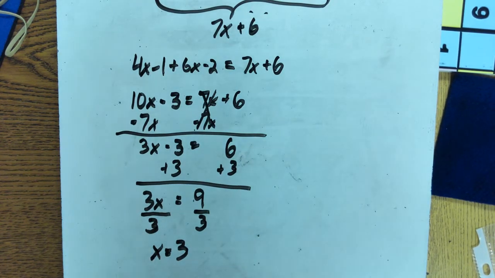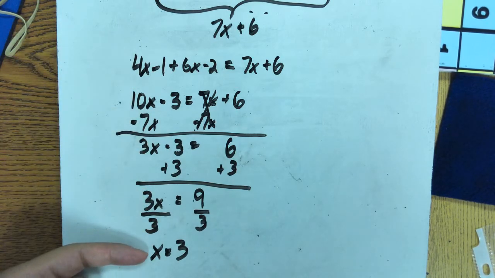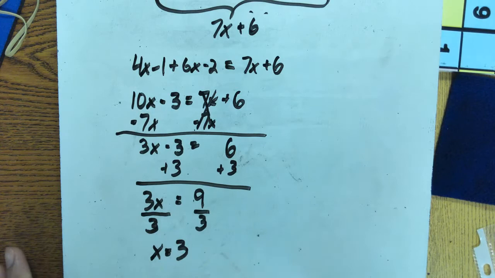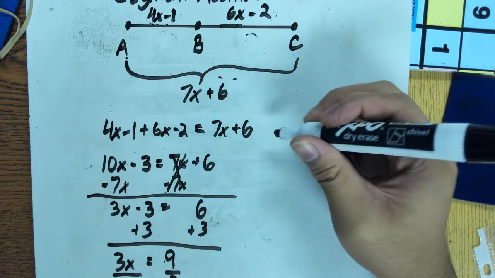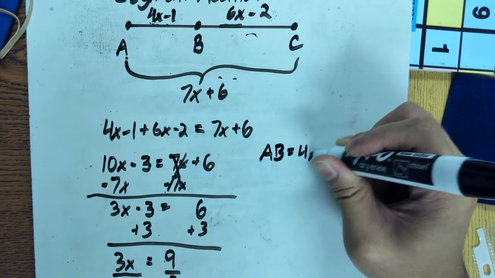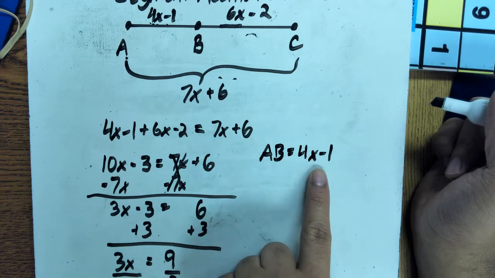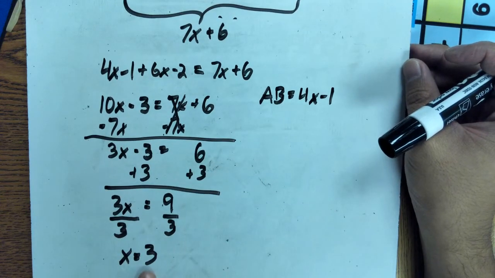So sometimes we'll ask you to just set up the equation. Sometimes we can ask you to go ahead and solve for x. And then sometimes we'll also ask, how long is AB? So we said AB is 4x minus 1. But we already know what x is. We figured out that x equals 3.